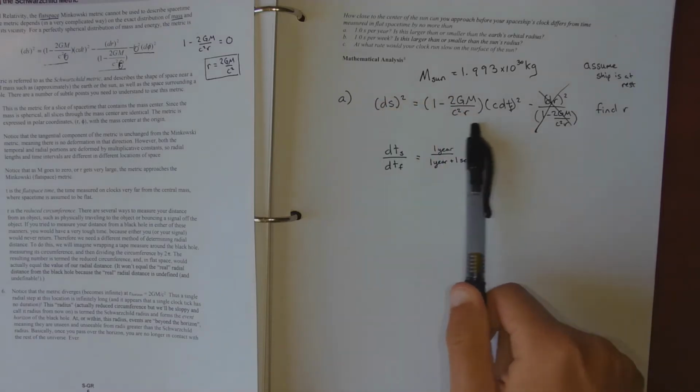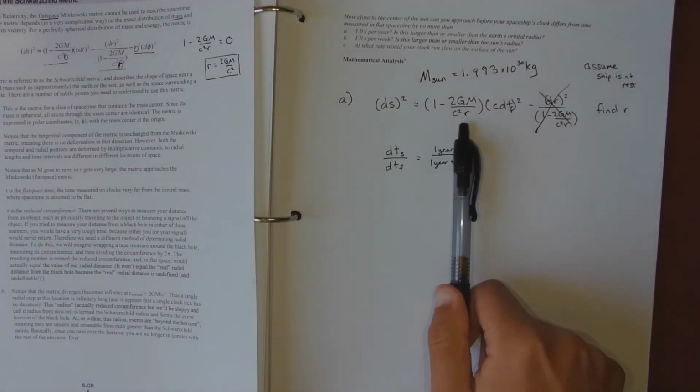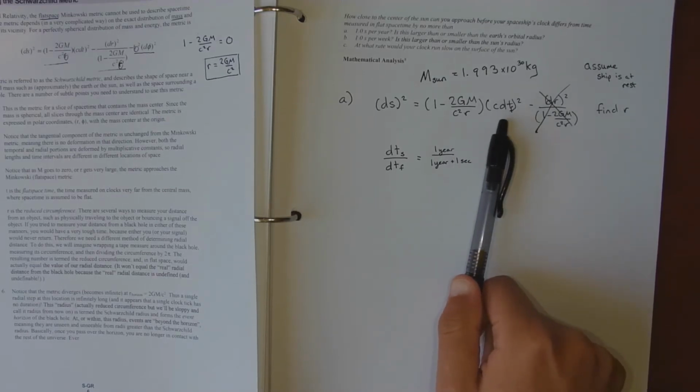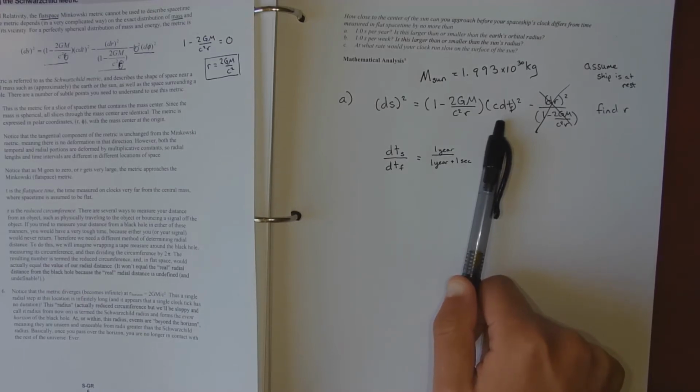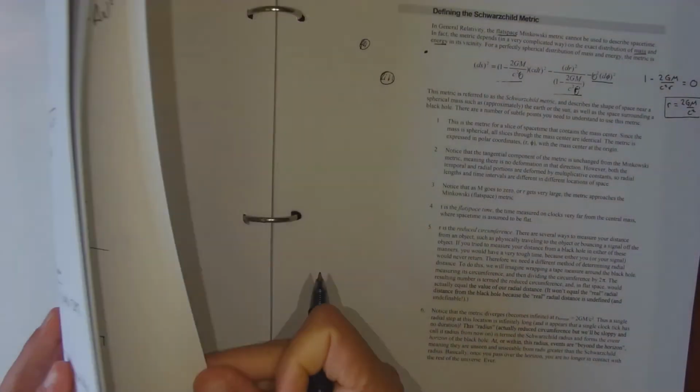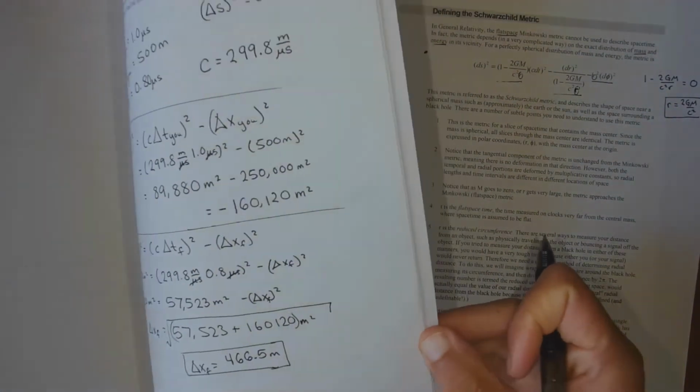Even though this is the metric that we use when mass distorts space-time, the time that we use here is for the people who are really far away from the object which is in the gravitational field. For the people on the spaceship, you can say that they don't really know that space-time is distorted where they are. So if you're really far away, let me go back to the diagram that we had for the Schwarzschild metric.